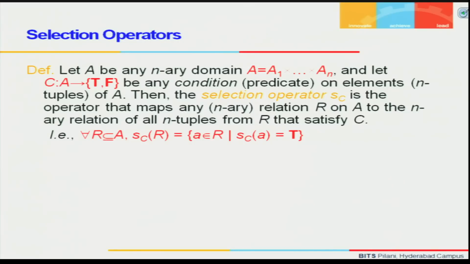Definitely the selection operator is something like this. When you apply this operator on any relation, you get another relation, which may not be the same. We will do it in an example.